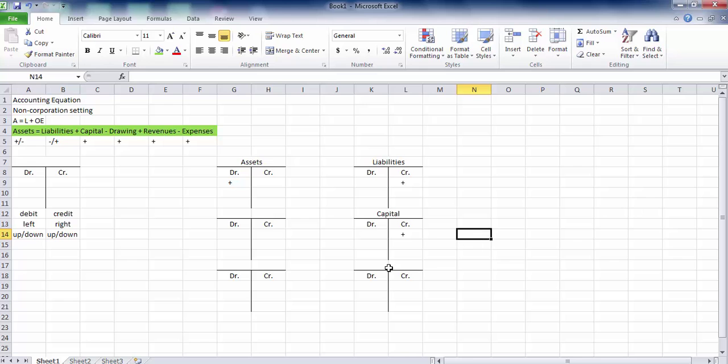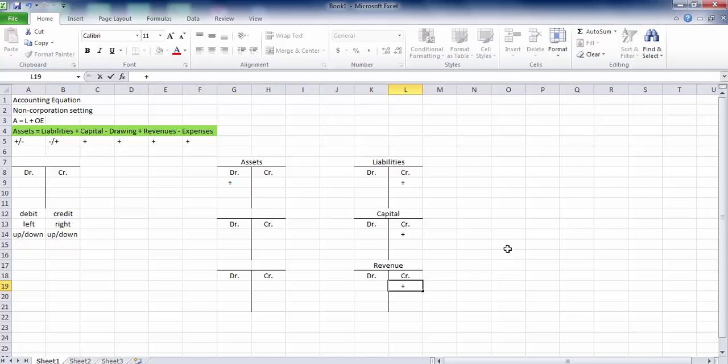Okay, let's stay in this column, and let's now label this one revenue. Guess what question I'm going to ask you? You got it. Do you agree that revenues are on the opposite side of that equal sign compared to assets? And the answer is yes. So revenues also work the opposite of assets.